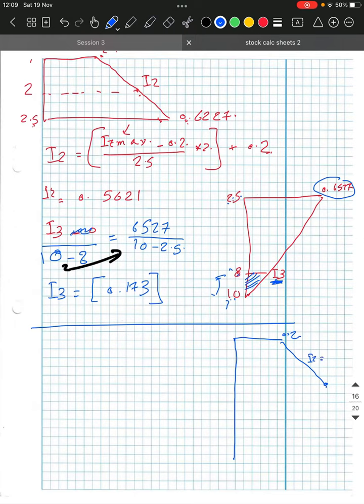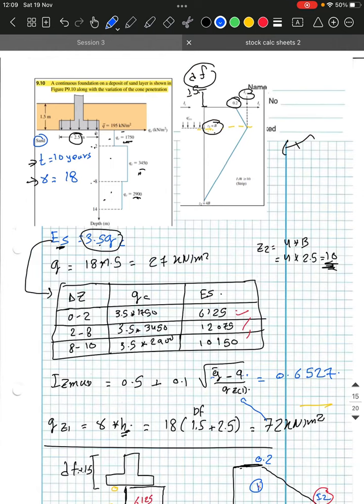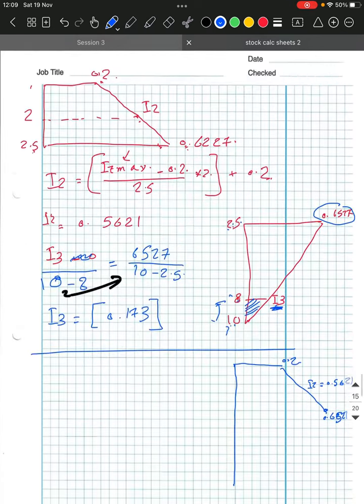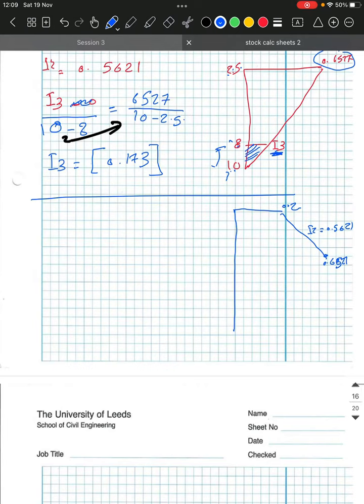This is going to be I2, which equals 0.5621, and I have 0.6527, and I have I3 somewhere here being 0.173, and I have all these zones, right?